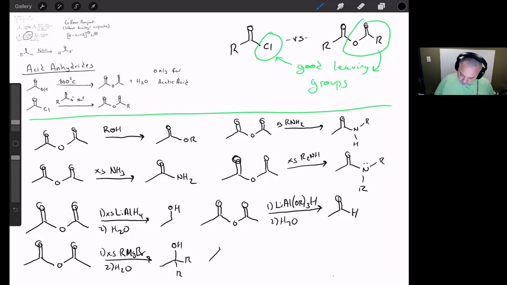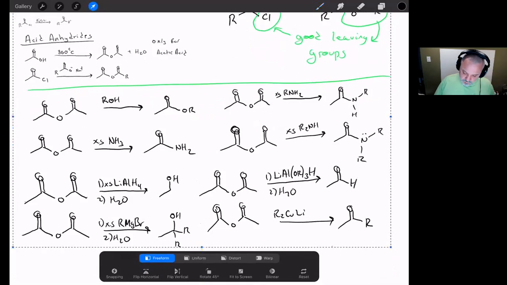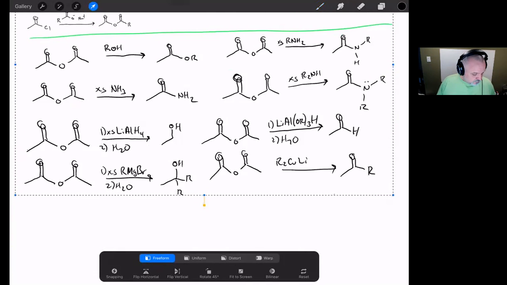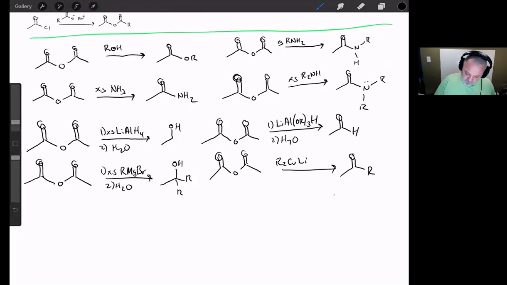Same thing with Gilman reagent. Same thing with water.